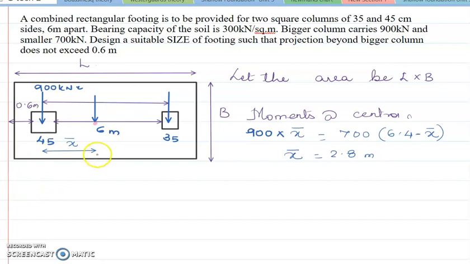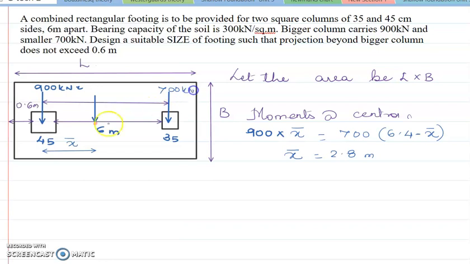Right? Now, for removal of eccentricity, this x bar plus 0.6, okay, this x bar plus 0.6 should be equal to, so see, the pink point is the centroid of the first system, 600 and 900 and 700 kilonewton.